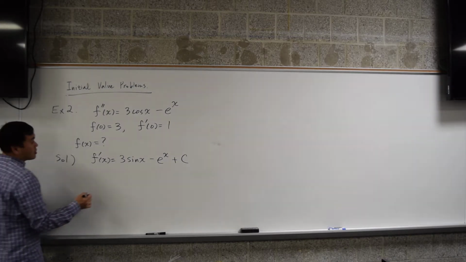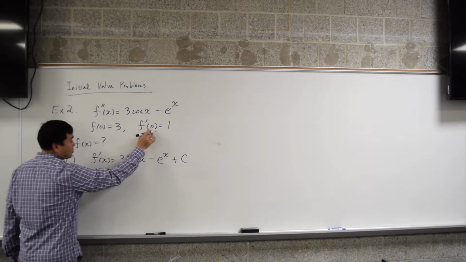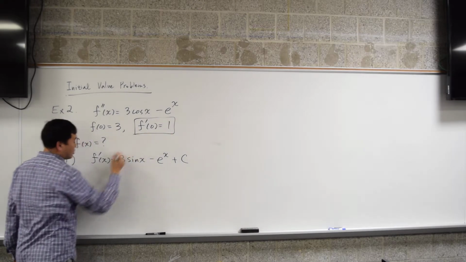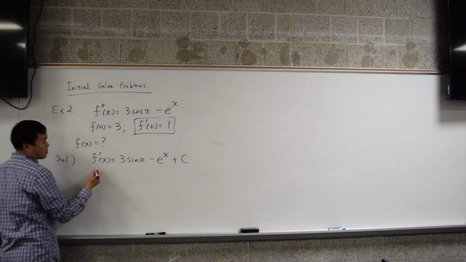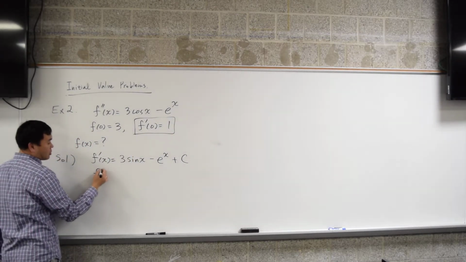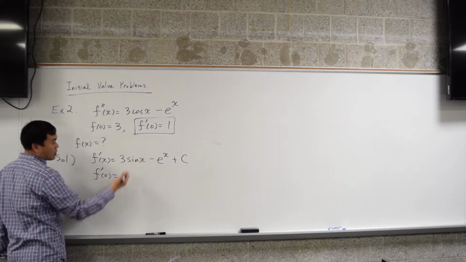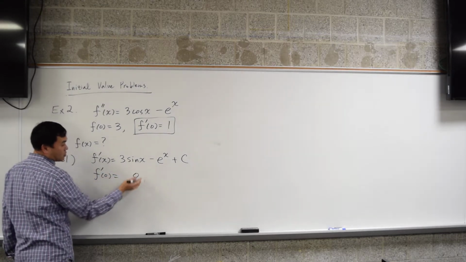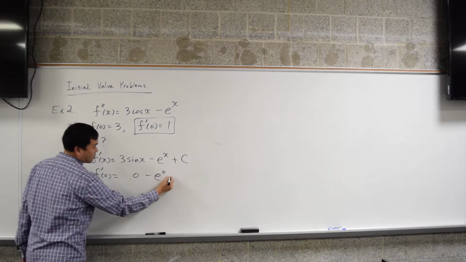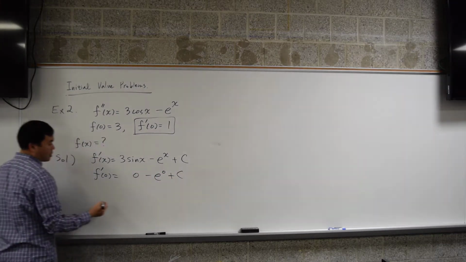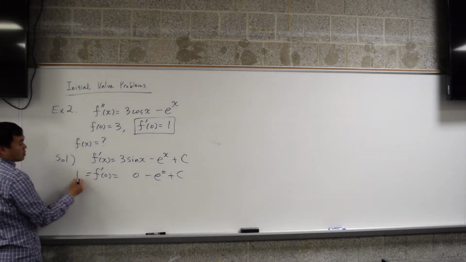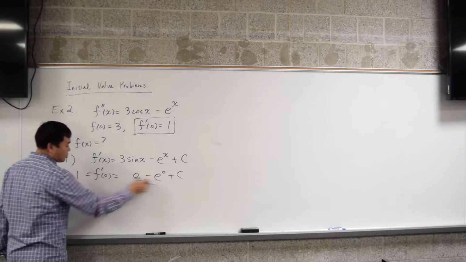And then I have to apply this condition to figure out what the c is. Okay, so f prime of 0, according to what we have here, is 3 sine of 0, which is 0, minus e to 0, plus c, so that if f prime of 0 is 1, then this is negative 1, move the 1 over here.